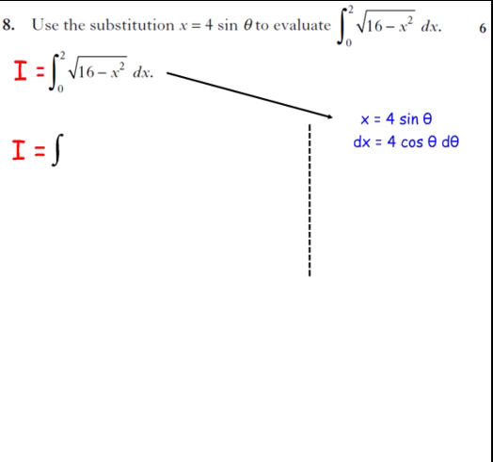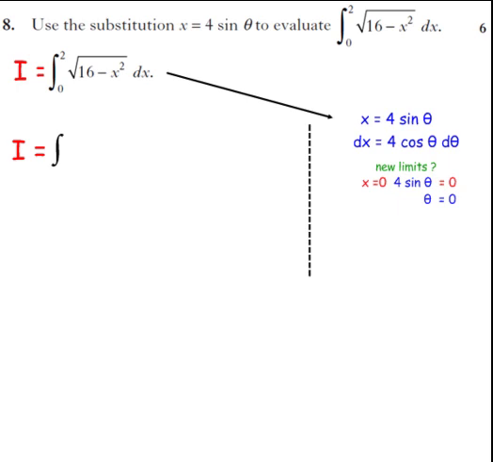Now the limits at present are 0, 2. We want the limits in terms of theta. So if x is 0, that means that 4 sine theta equals 0, and 4 sine 0 gives 0, so theta is also equal to 0.